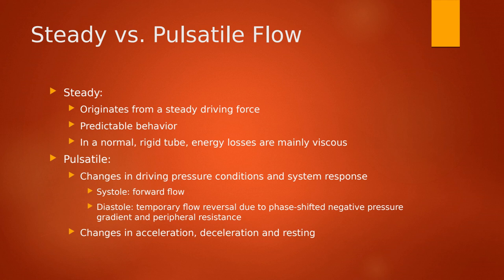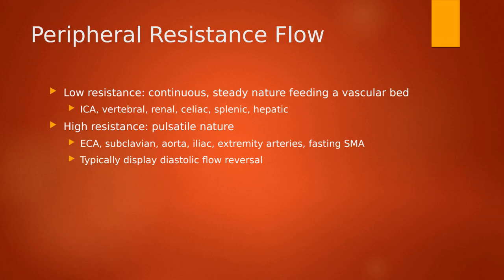With pulsatile flow, we're also going to see changes in acceleration. We could see deceleration, and we could see changes with resting. Of course, pretty straightforward there. Now, peripheral resistance, like we said, we have some vessels that are going to be typically low resistance, some vessels that are going to be typically high resistance. So low resistance vessels, these are going to be continuous, steady nature feeding of a vascular bed. This does not mean they are steady flow.